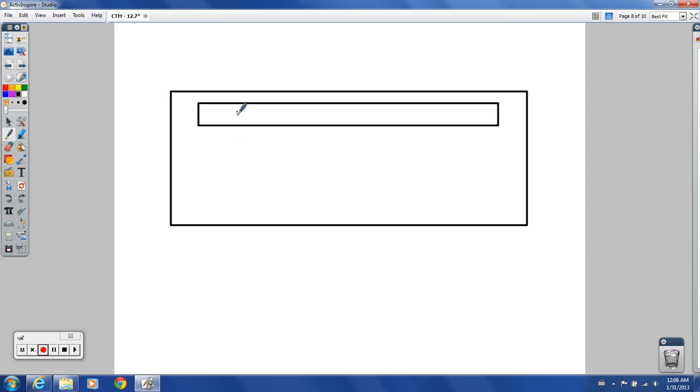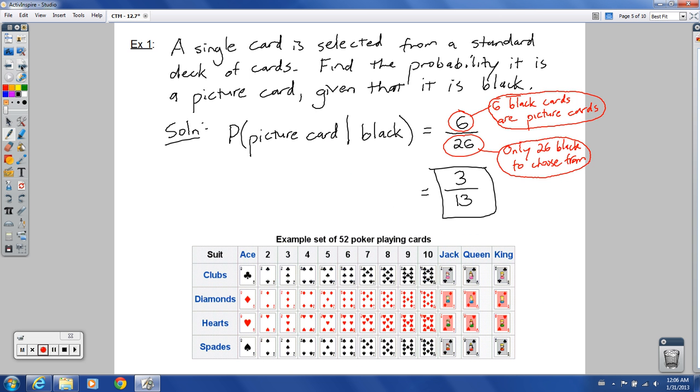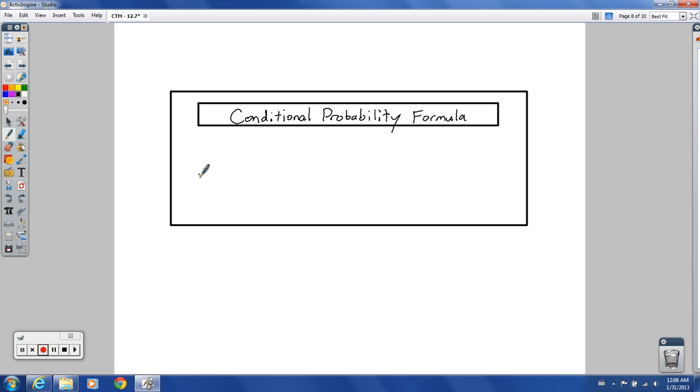I almost like to just think about it rather than try to memorize this formula, but I'm going to give you the formula. We'll call it the conditional probability formula. We've been doing this already in the first example and the second example. We've been doing this and you didn't even realize it. We've been using this formula, but this is written out in a more precise form.